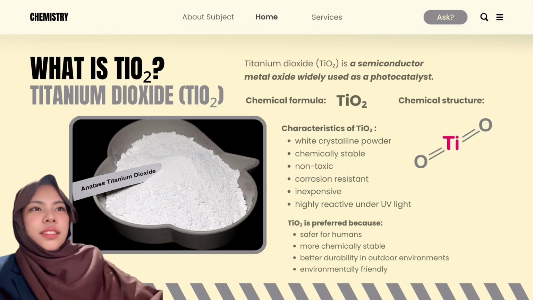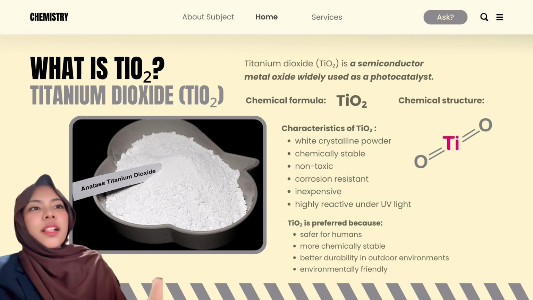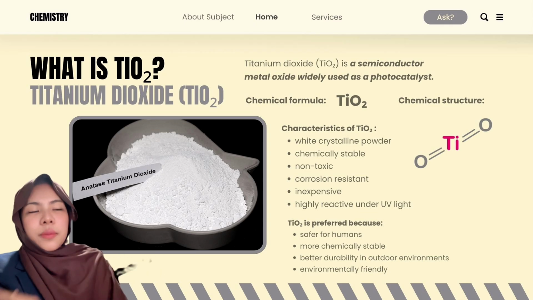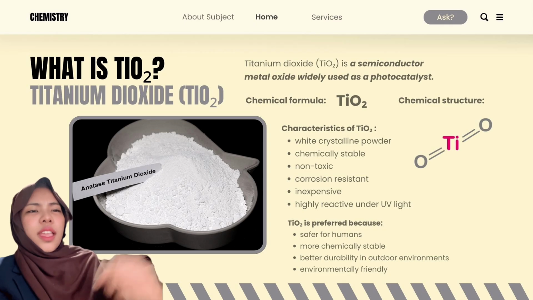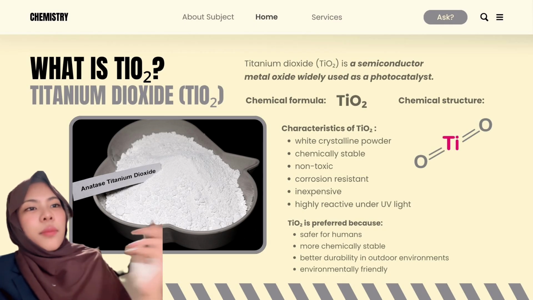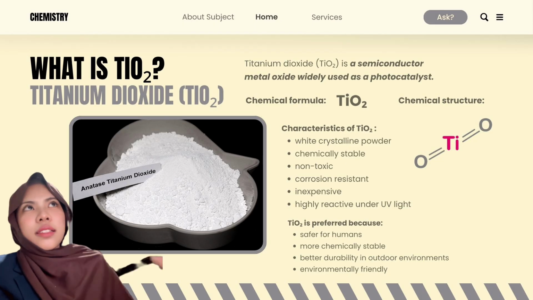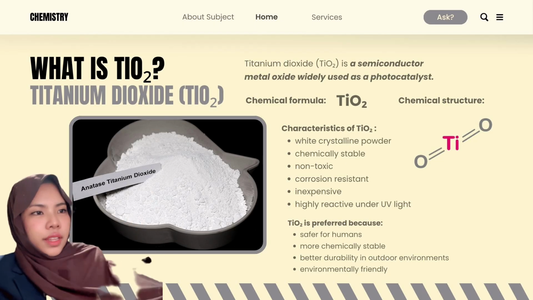The characteristics of TiO2 are white crystalline powder, chemically stable, non-toxic, corrosion resistant, inexpensive, and highly reactive under UV light. TiO2 is preferred because it is safer for humans, more chemically stable, has better durability outdoors, and is environmentally friendly.